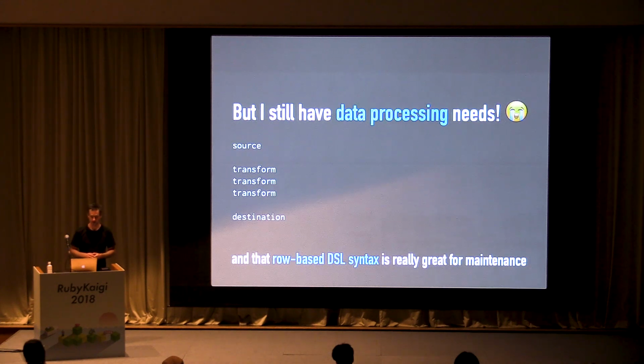I was very sad, but I still had those data processing needs and some clients with needs. But I was happy about the true gift of ActiveWarehouse, which was the syntax, the use of the DSL. It really felt clever, and I really didn't want to lose that. The core idea was great, but there was too much bloat, like the guy from RuboCop said in the other talk. So I thought it would be a shame to lose that.